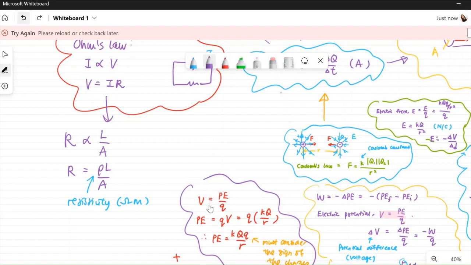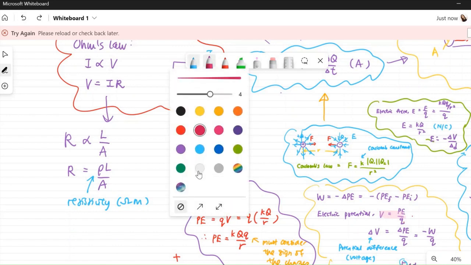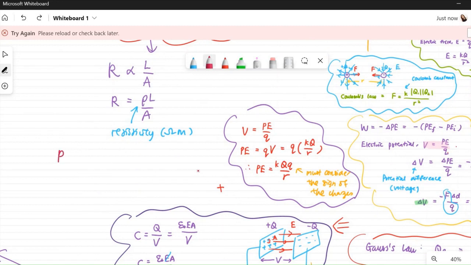If temperature increases, the resistance will increase as well, where resistance R is equal to R naught times 1 plus alpha (T minus T naught). T naught is the reference temperature; usually we use room temperature at 20 degrees Celsius. R naught will be the resistance at room temperature T naught.